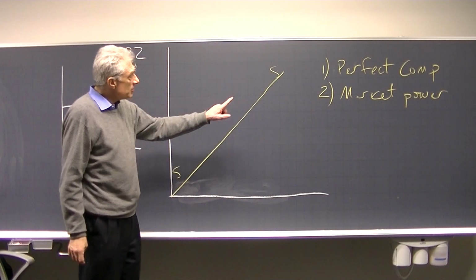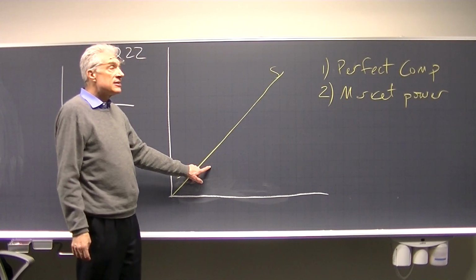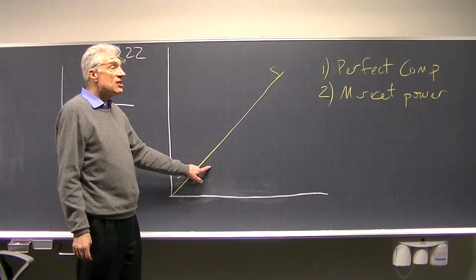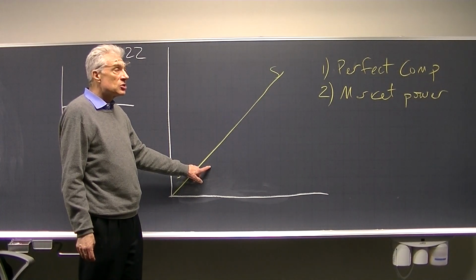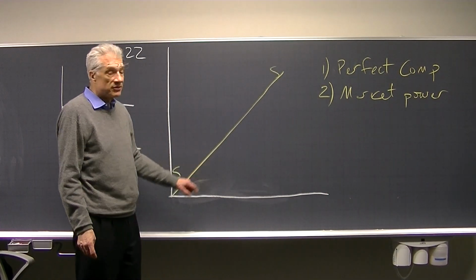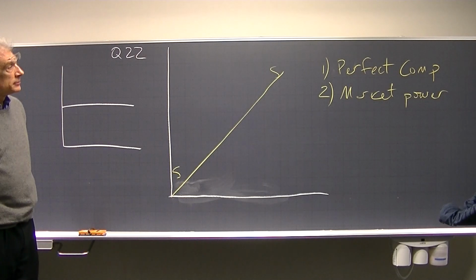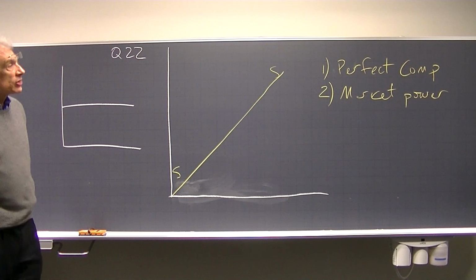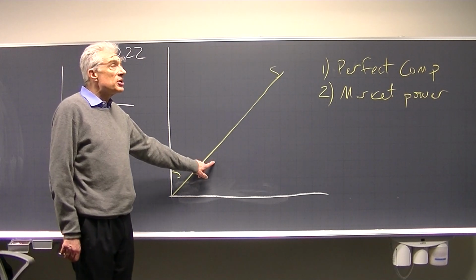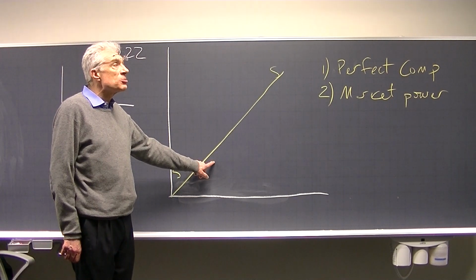If it is perfect competition, does this supply curve represent the marginal cost curve? In a perfect market, the firm cannot set the price. Right, but that could still be the industry supply curve.